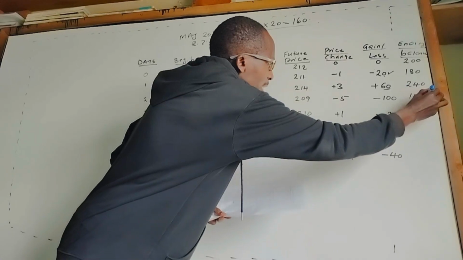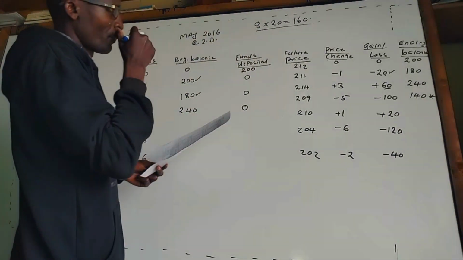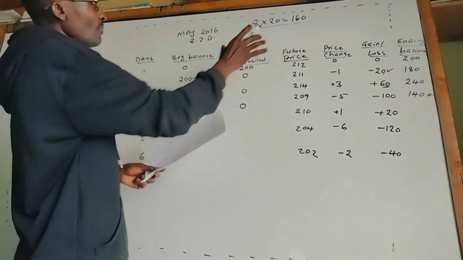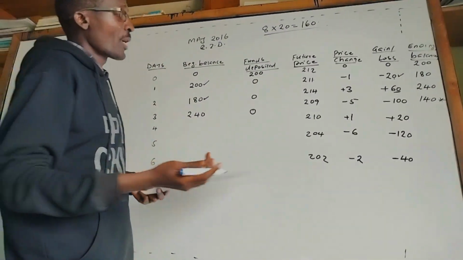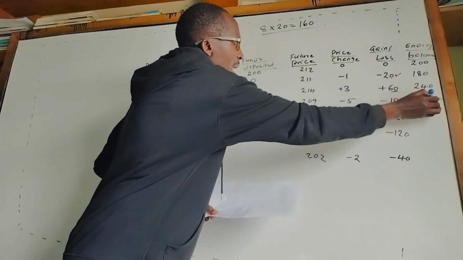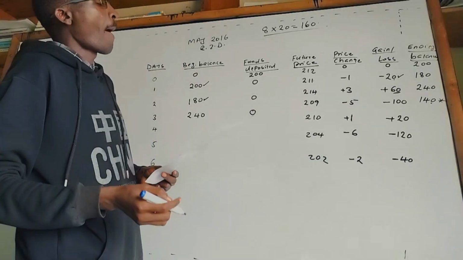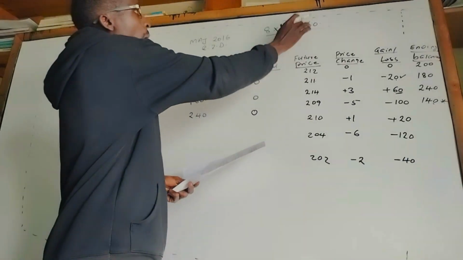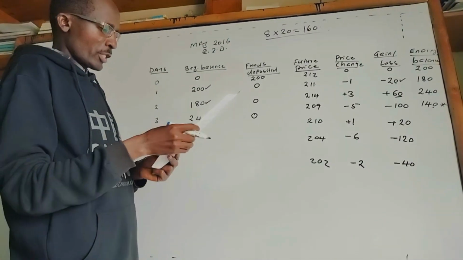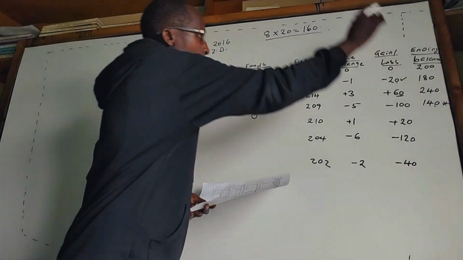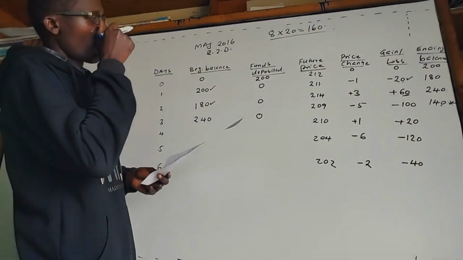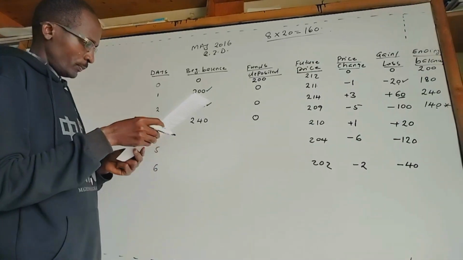Now this one is very important for us, because our account is not supposed to go below 160, but see here, our balance has fallen below 160. So what are we supposed to do in that case? You have to compare this 160 here and the 140. What are we supposed to do?